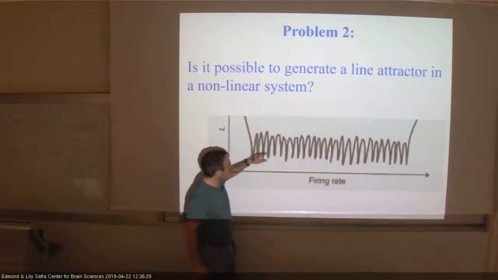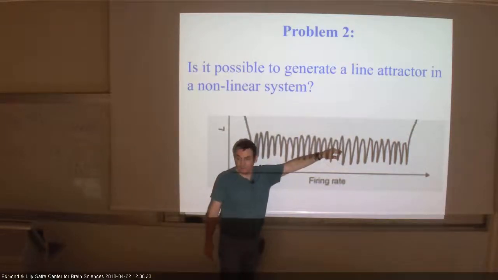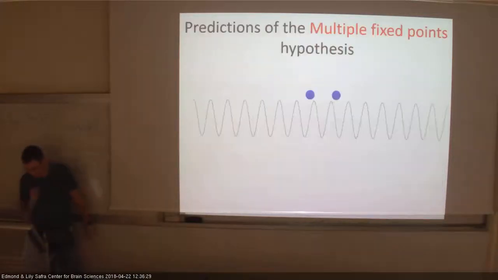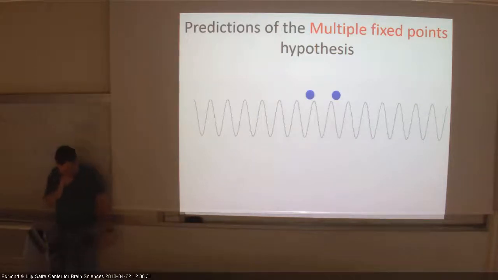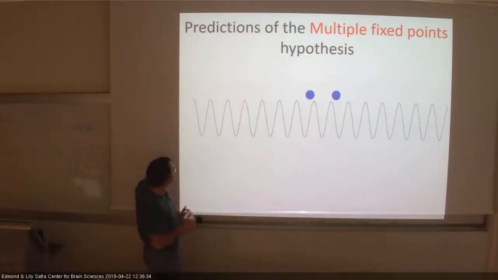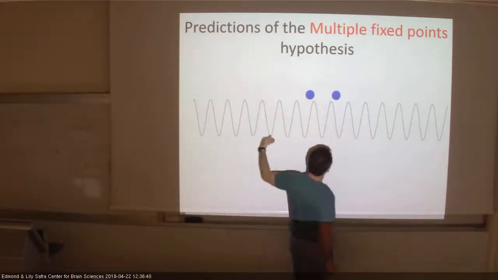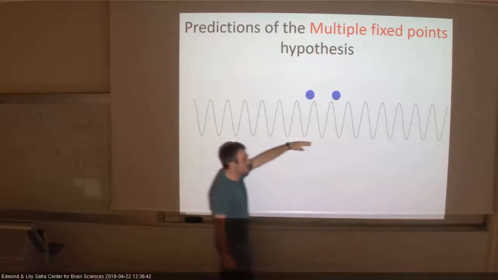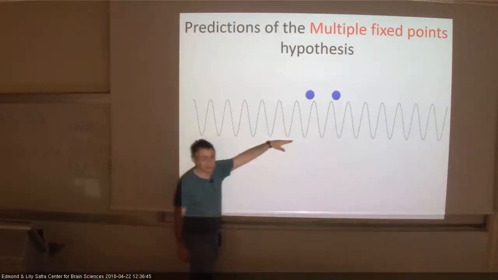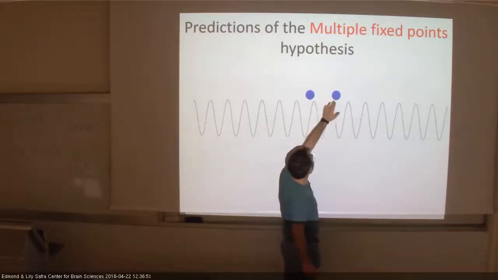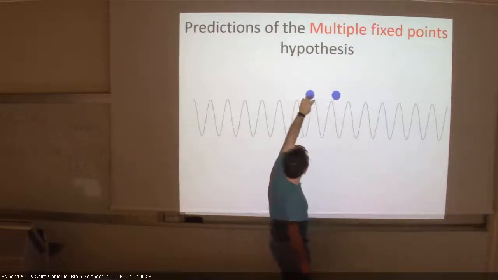So the hypothesis is that the energy landscape of working memory looks something like this. Let's use MATLAB to draw it. So the idea is the following. Let's assume that this is the dimension of this one thing that I want to memorize. Now I'm presented with one stimulus, or I'm presented with another stimulus.